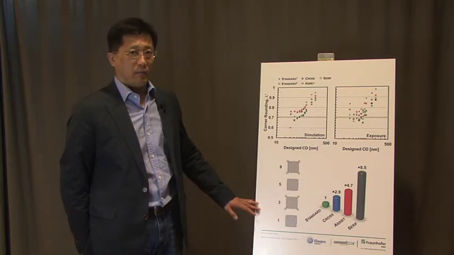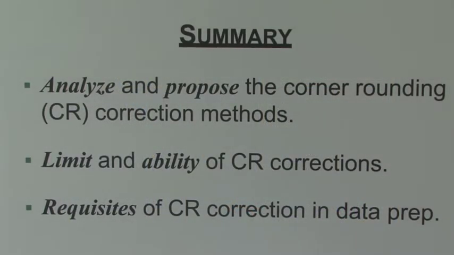So in this proposal of the cross correction, we have balanced the correction accuracy and the shot counts, which means the writing time. As I have summarized, first, we have proposed an analysis of four different corner rounding correction methods, and we have found that the cross corner rounding correction performs better than the other three. These corrections also need improvements from the design CD of 90 nanometers.